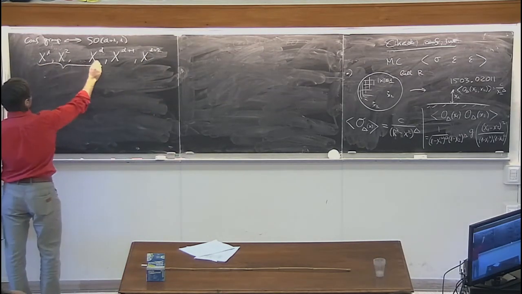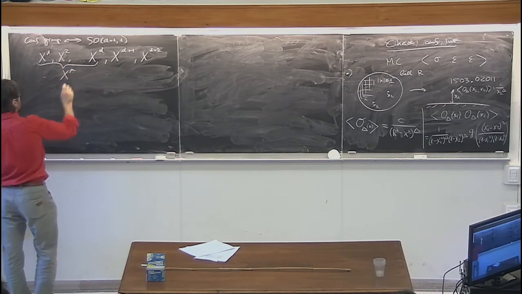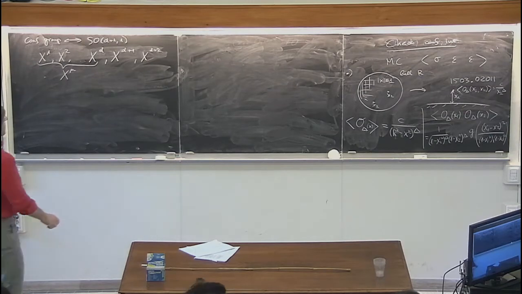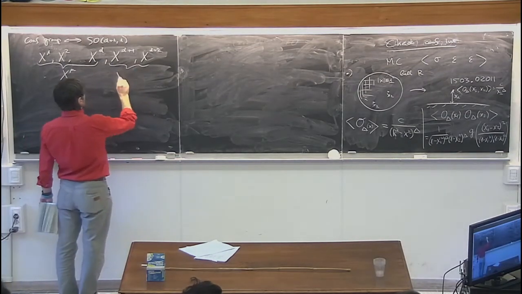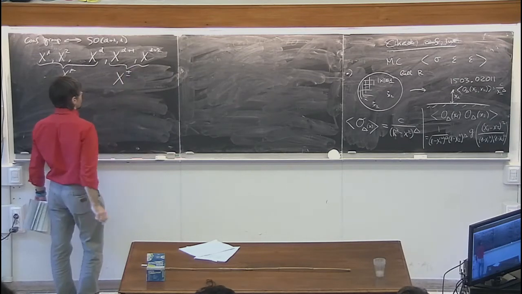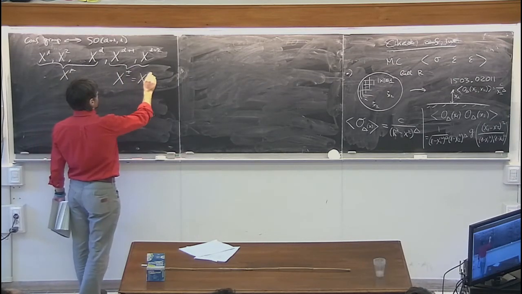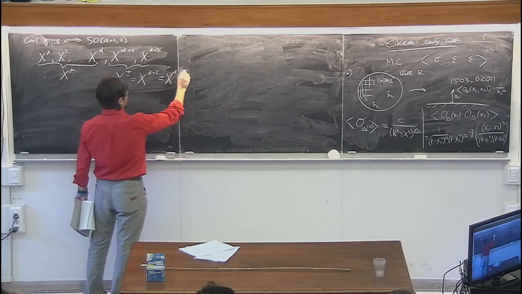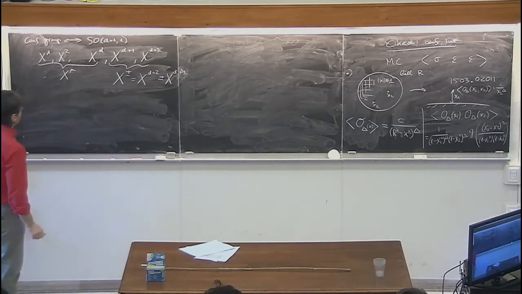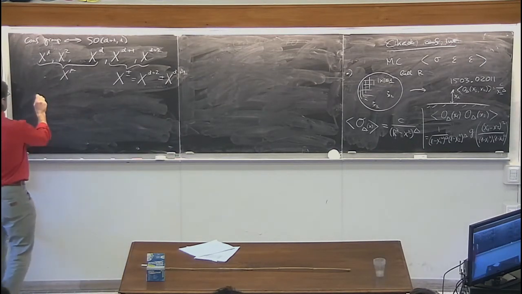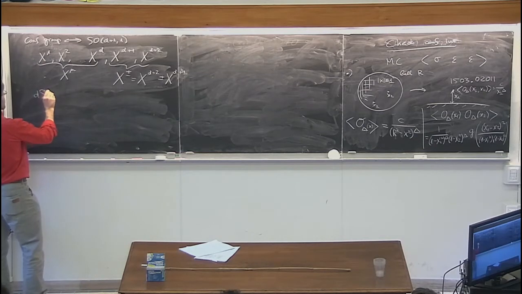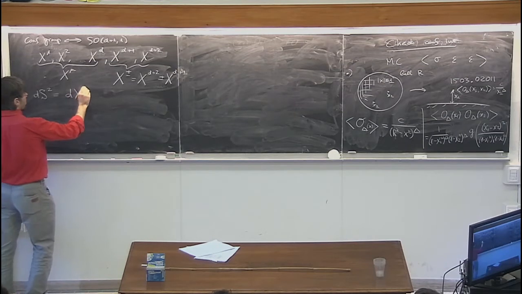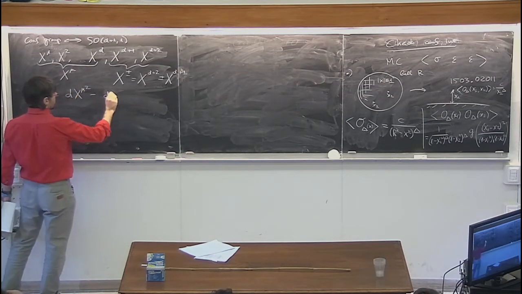I'm going to call the first d coordinates X^mu, and for these two coordinates I'm going to introduce their light cone combinations X^±, which are equal to X^(d+2) ± X^(d+1). With these conventions, the Minkowski metric in this d+2-dimensional space is dX^mu squared minus dX^+ dX^-.